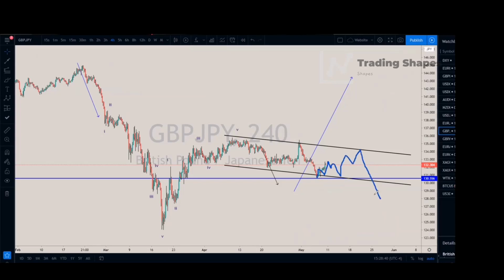And then drop, and then back up. They follow each other. Some you'll see in a correction, while others are trending. It depends on the strength of the currency.